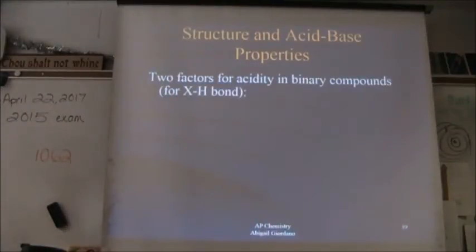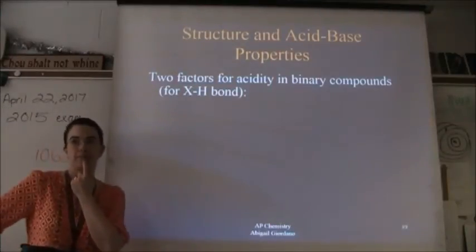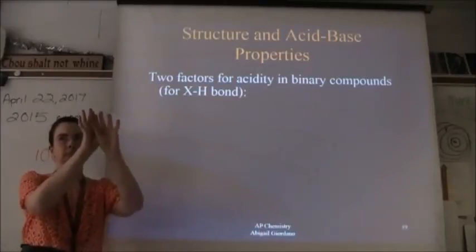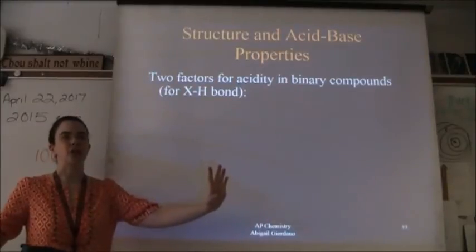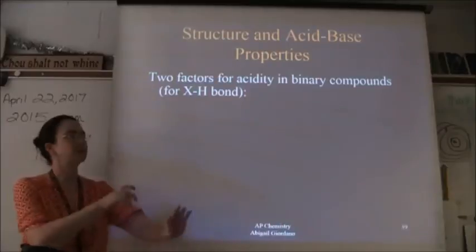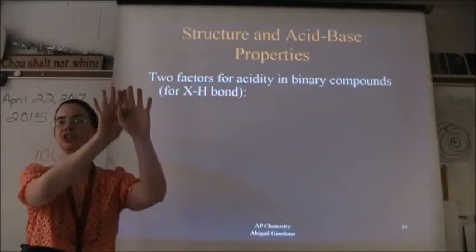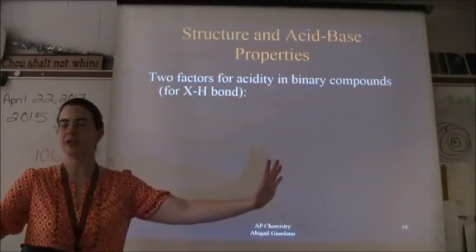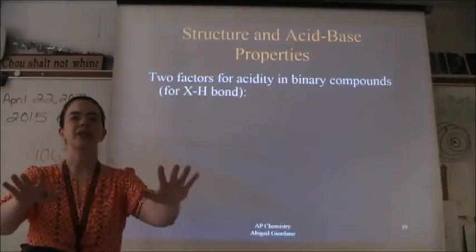So there's really 2 factors that decide how acidic something is. For the 1000th time, what does it mean if an acid is strong? Complete dissociation. If something completely dissociates and breaks apart, go with your gut instinct.